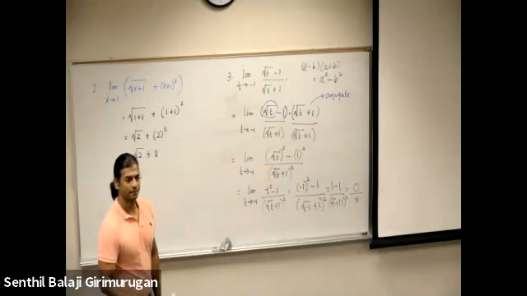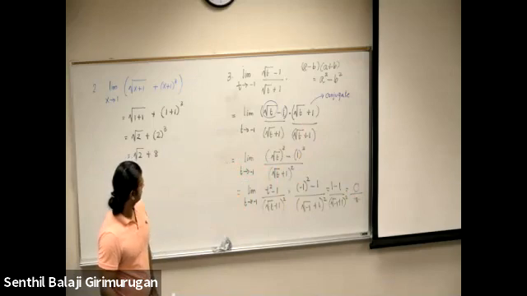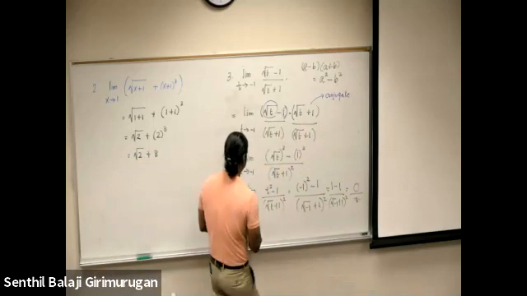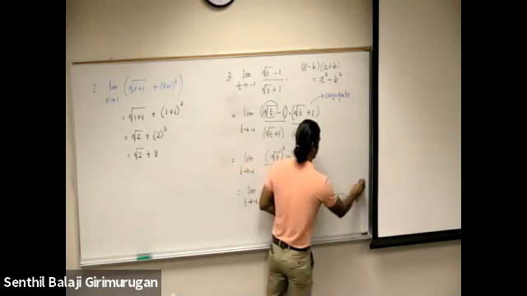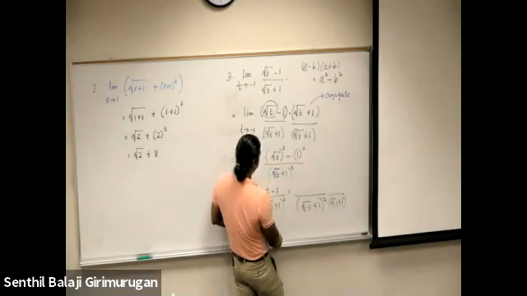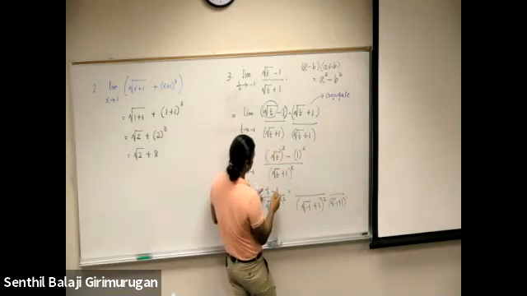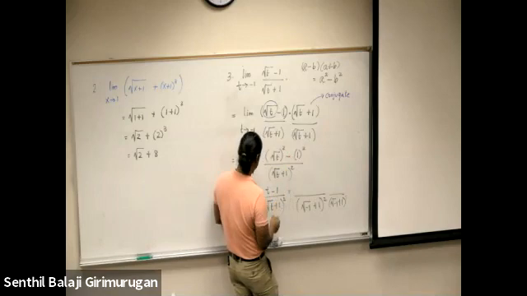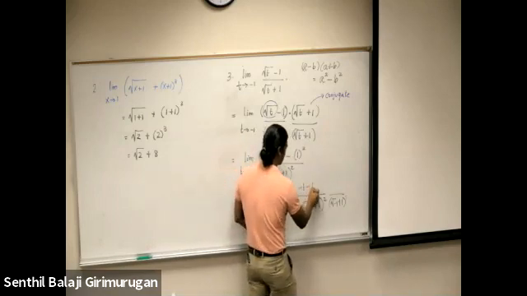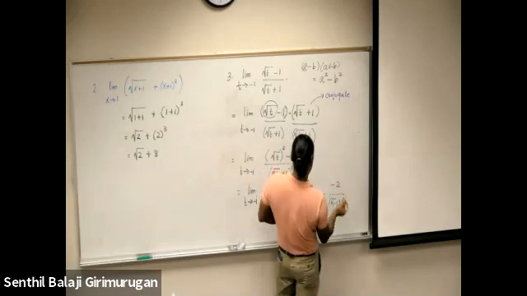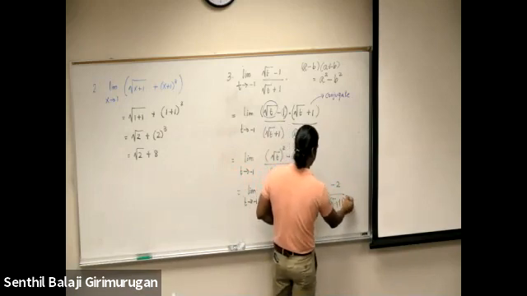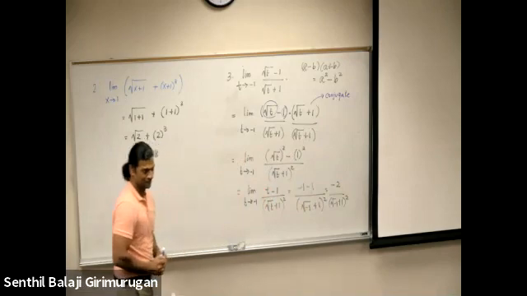How do you get t squared? Oh, I'm way too excited. Take that back. So square root of t squared is just t. It didn't work the way I wanted it to. So that would become -2 divided by whatever mess that is.